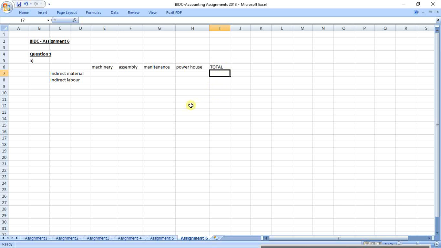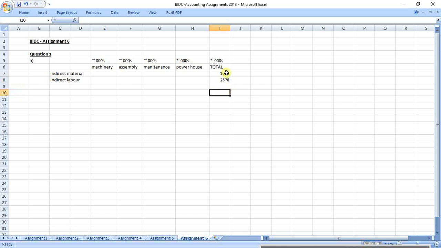So indirect material, 1064, this is all in thousands. Okay, so asterisk, in thousands. So 1064 was what we had there, and then we had 2578 here.